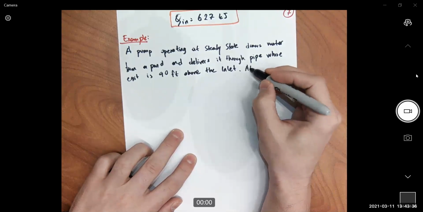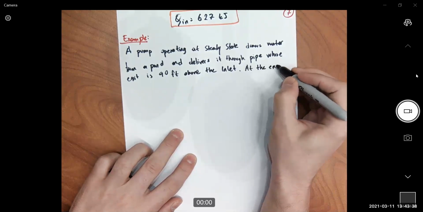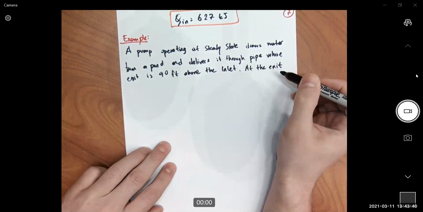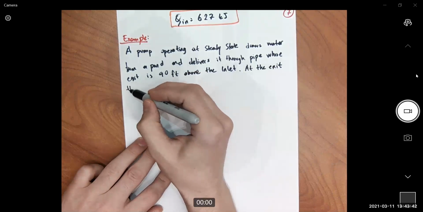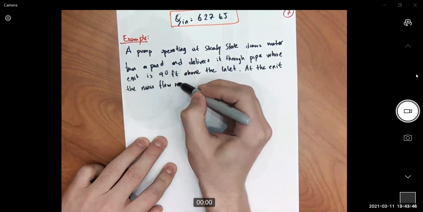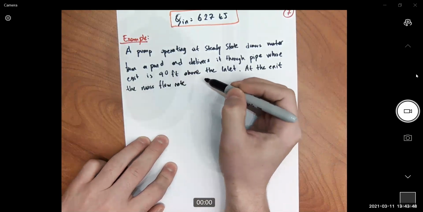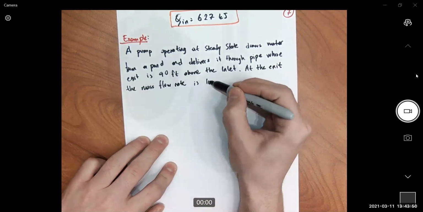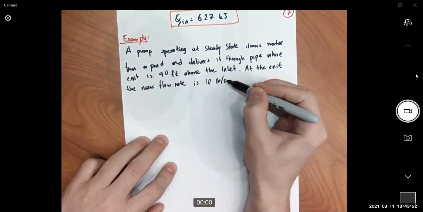At the exit, the mass flow rate is 10 pounds per second.